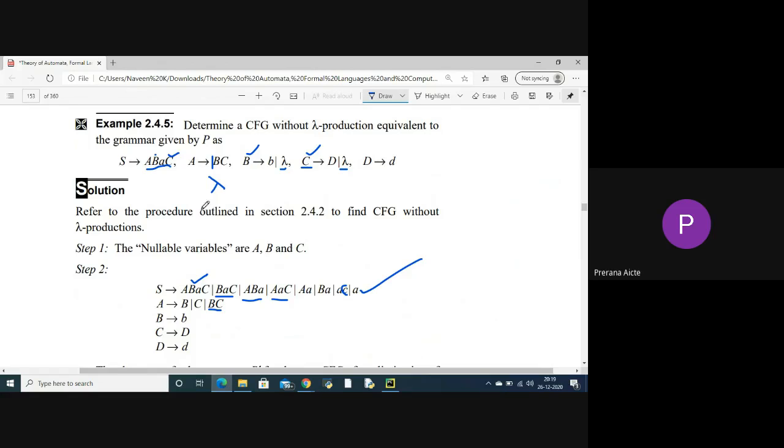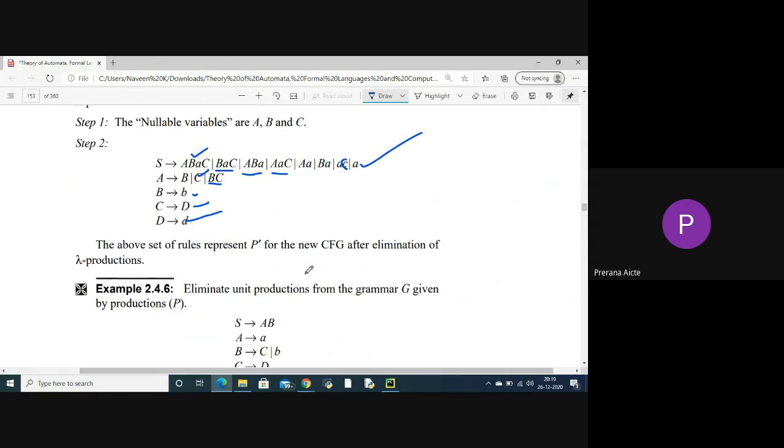If I place C as epsilon, B is the answer. If I place B as epsilon, I place C here. In the same manner, small b is also there, and C tends to capital D, and D tends to small d. This is nothing but elimination of epsilon productions in the given grammar.